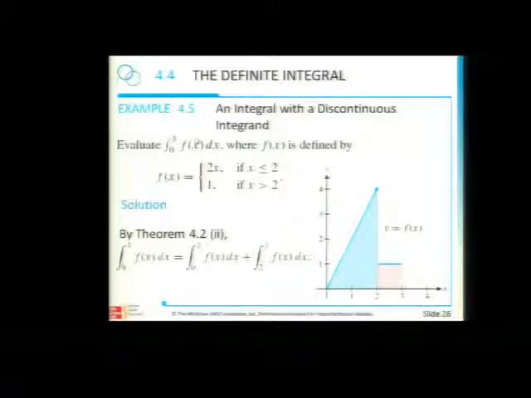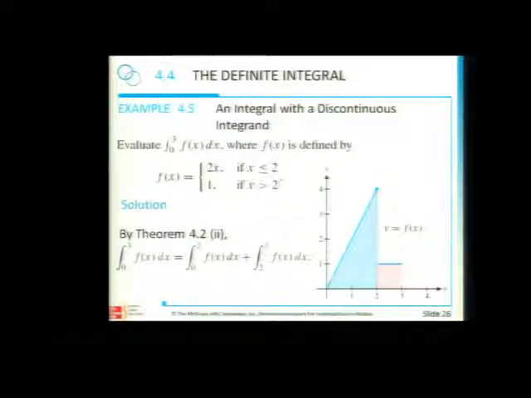To do that, we sketch the function, which is quite easy to sketch. Since we are integrating from 0 to 3, outside this interval we don't care how it looks, because we just want to integrate f(x) from 0 to 3, right?